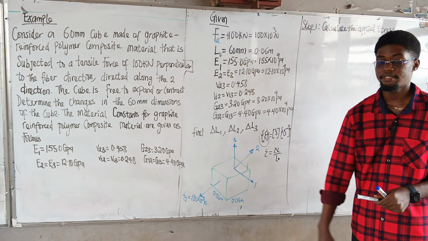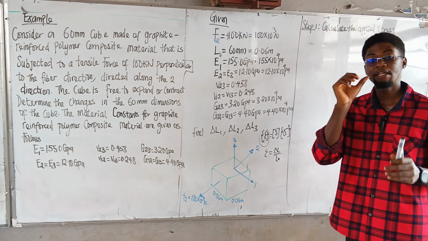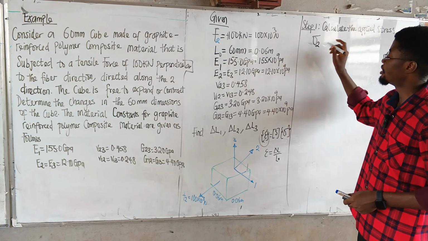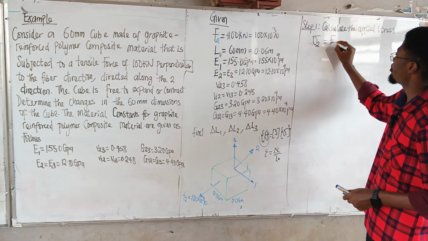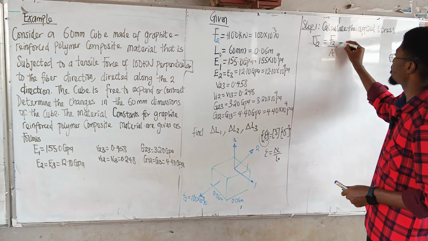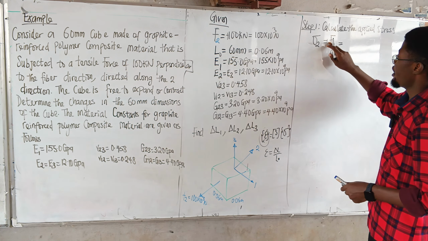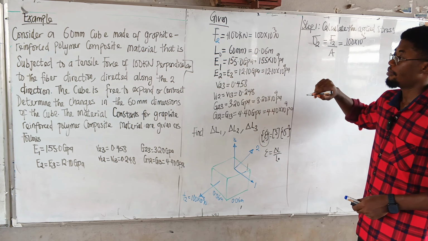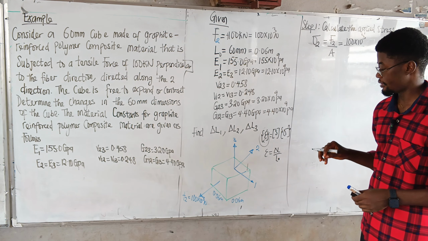Remember, this type of stress, tensile and compressive, falls under normal stress. So I'm using sigma in direction 2, and the formula is force over area. So my force in direction 2 divided by what? Area. This area is the cross-sectional area, the surface area. My F2 will be 100 times 10 raised to 3. What's my area? My area is the length times the length.